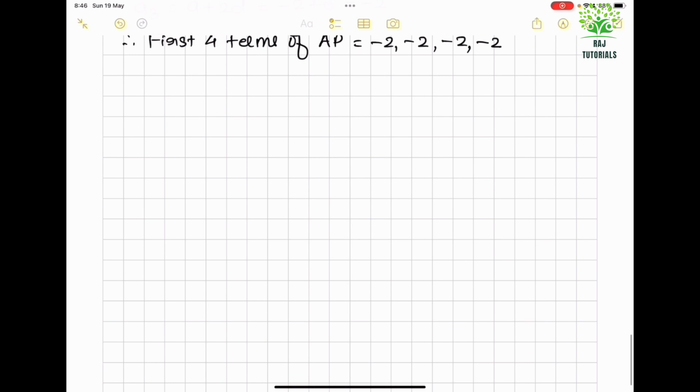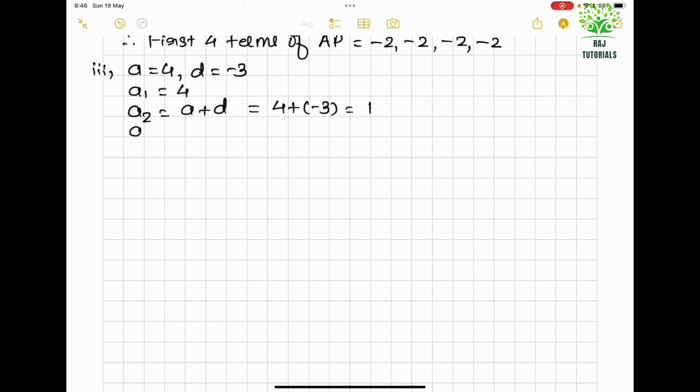Then third one, A is 4, D is minus 3. So A1 will be 4, A2 will be A plus D, so that is 4 plus minus 3, so that will be 1. A3 will be 4 plus 2 into D, so that is 4 plus 2 into minus 3, so 4 minus 6, so that is minus 2.